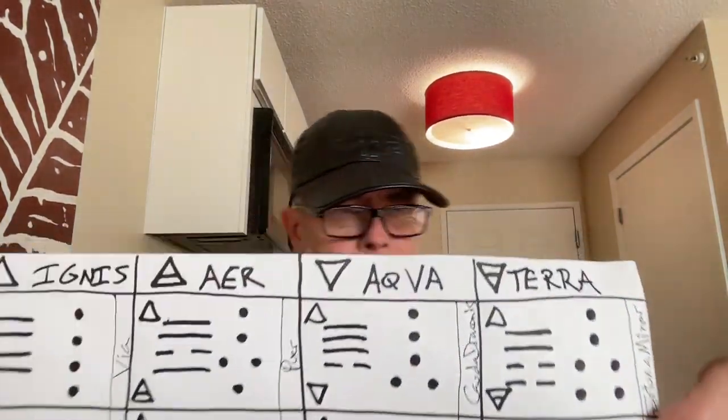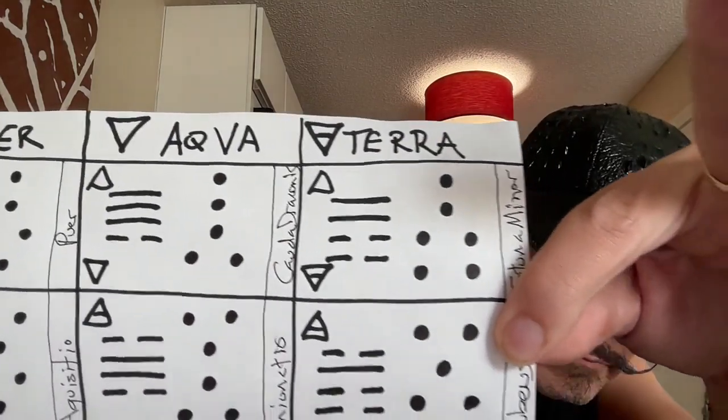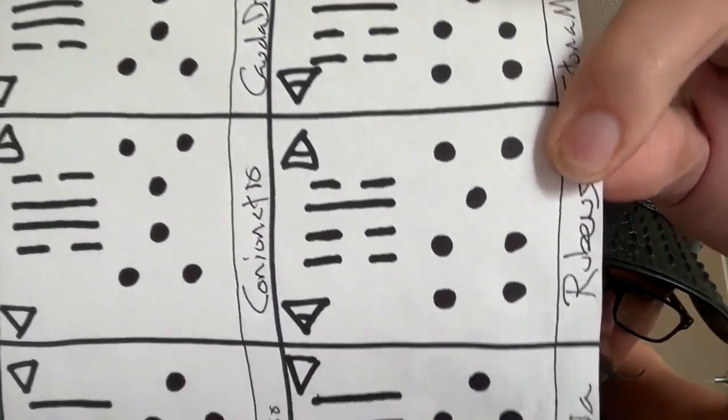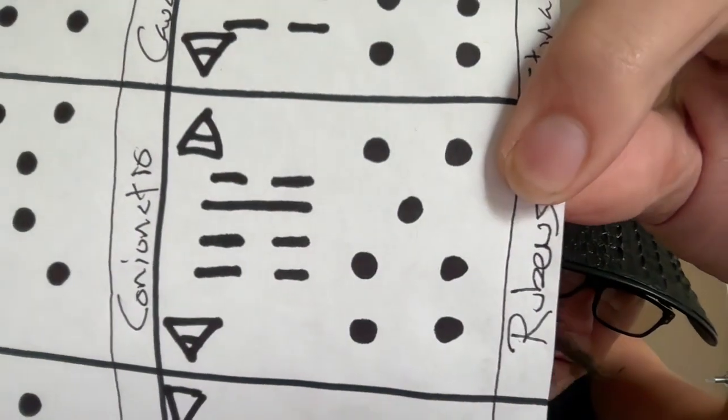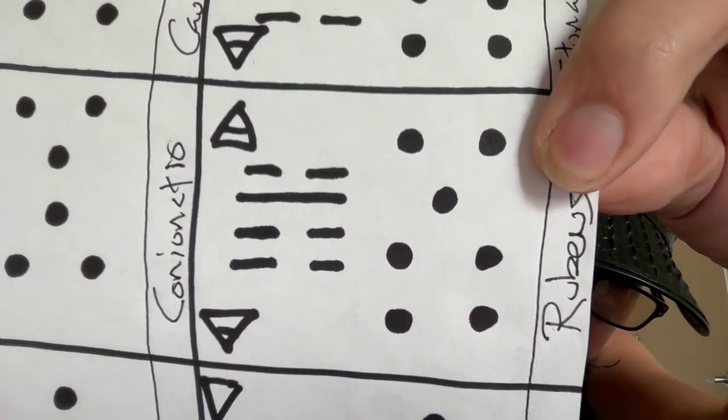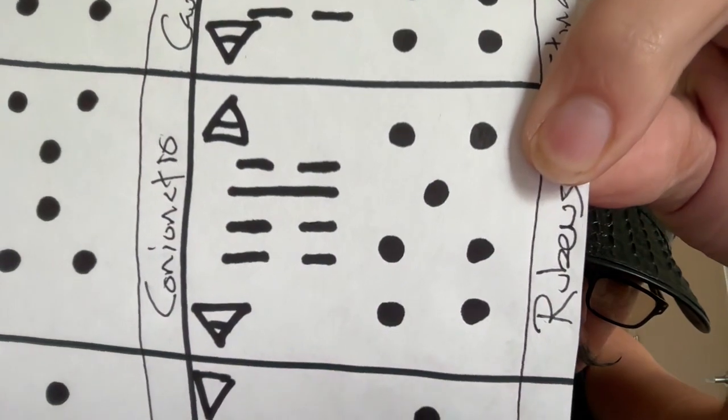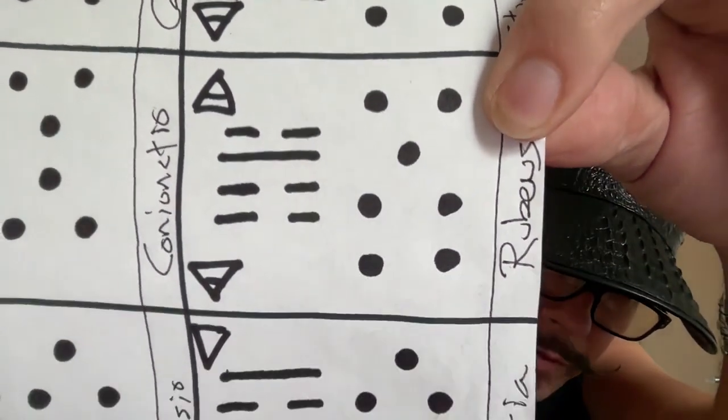Anyway, let's roll. The next figure is Air of Earth, and is correlated to Rubeus, the Rubeus geomantic figure, Latin for red. There it is. Air of Earth, Prince of Coins, Rubeus.